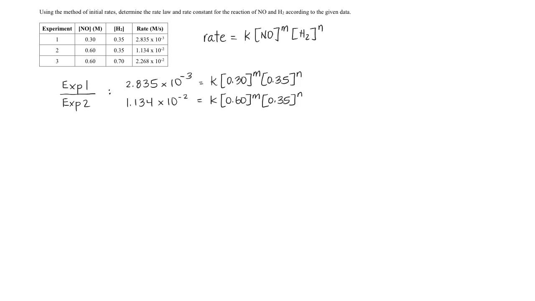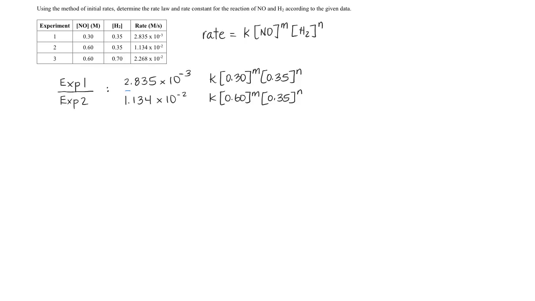Now we can set up a ratio of the two rates and the two rate laws, which will give us an equation, and we can solve for each exponent. So before we solve, let's cancel things out. k will cancel out, and so will 0.35 raised to the n power in the numerator and the denominator.